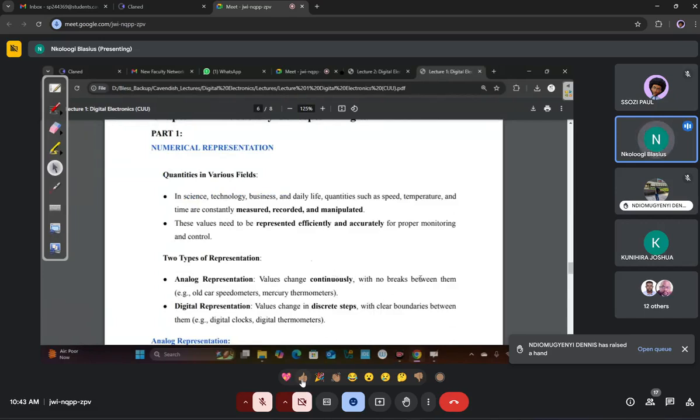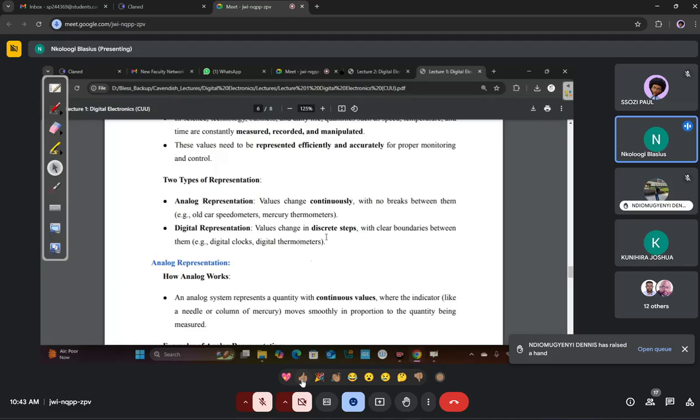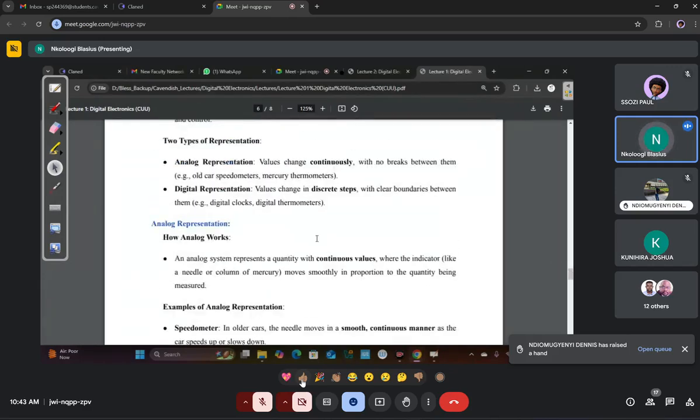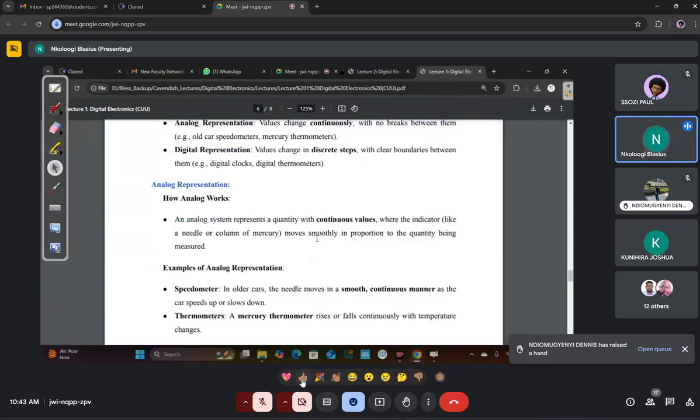So the analog has no breaks, it is only continuous. And we gave different examples of analog representation, like the speedometers in the old cars, the old mercury thermometers. But the ones that you see just blinking, those are digital because they just have values that change in discrete steps, even the digital clocks that you see. We also looked at things like a fuel gauge, which is in modern cars.